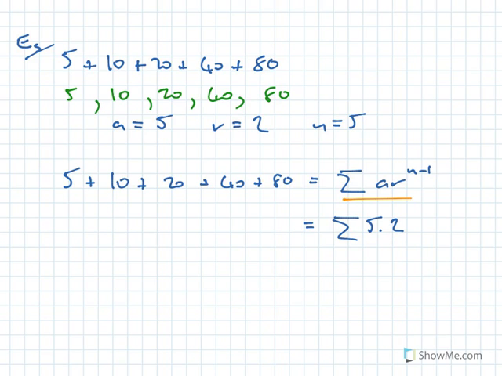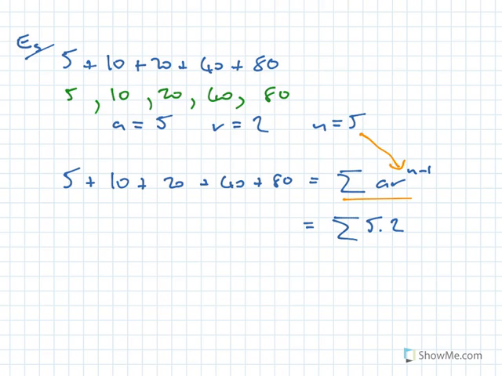However, I'm not going to substitute that n straight into there, because I'm trying to add up the terms of the sequence. n is the amount of terms in the sequence, and so what I want to do is do it when n is 1, and then when n is 2, then when n is 3, etc. I need to have all 5 of those terms in here.